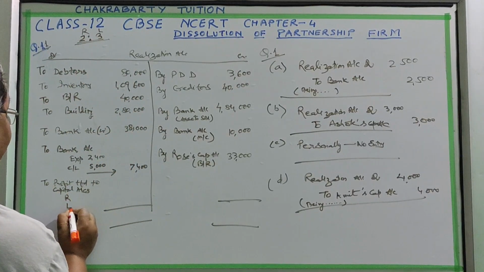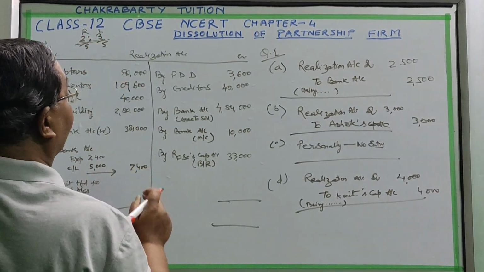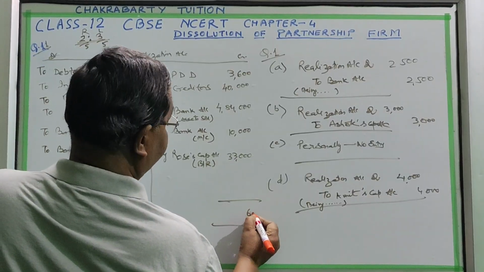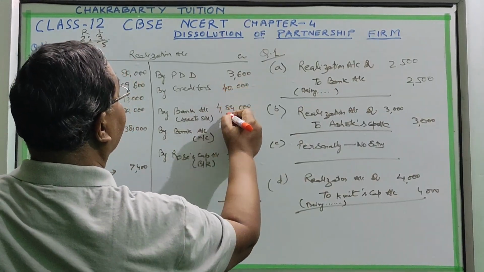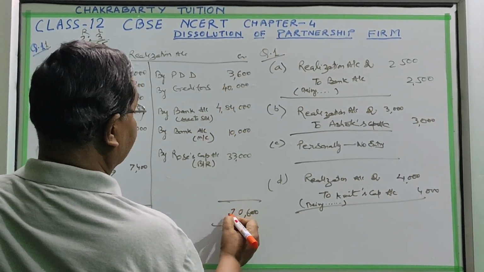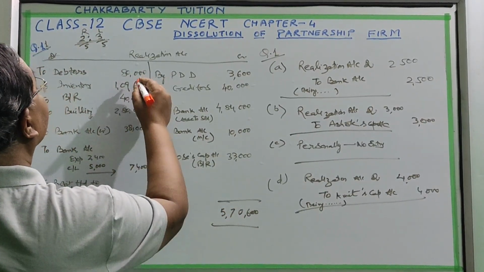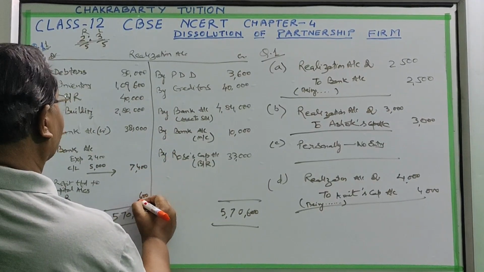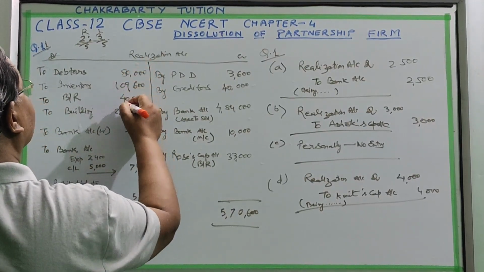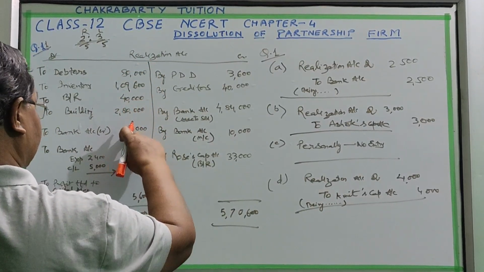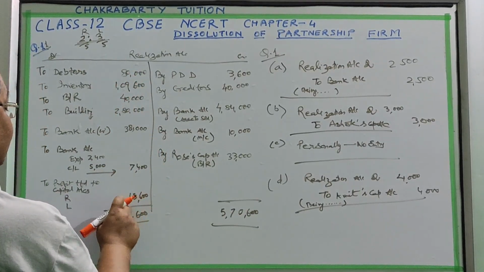So Ruby and Lily we will transfer in their ratio 3:2, means 2/5 and 3/5, whatever the amount will come. So here the total is 15,600.